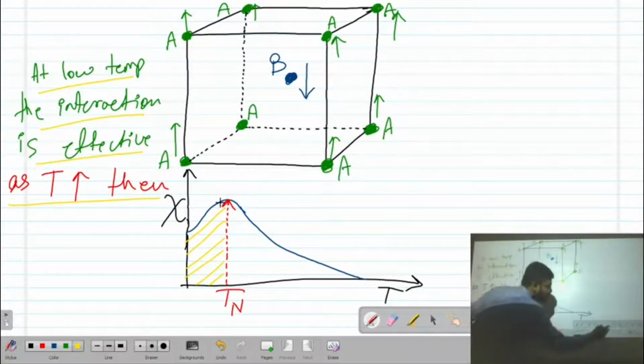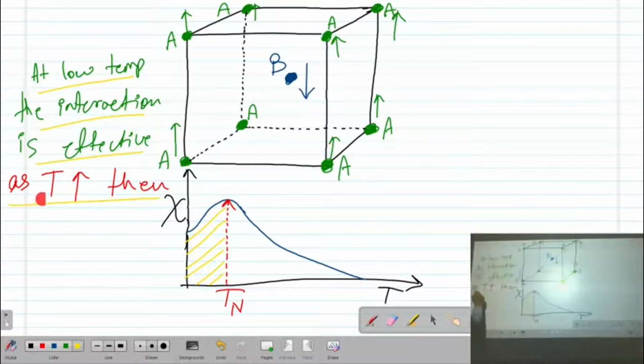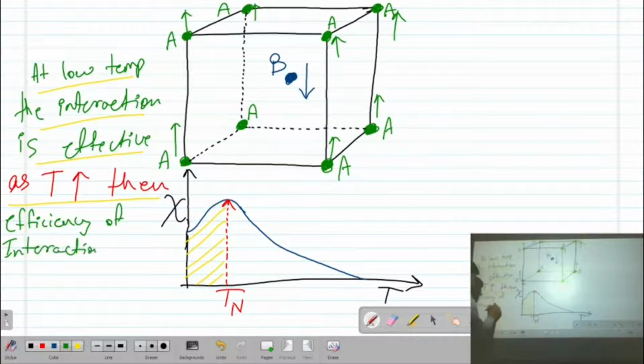Understand the statement: as T increases, then efficiency of interaction decreases and chi increases.